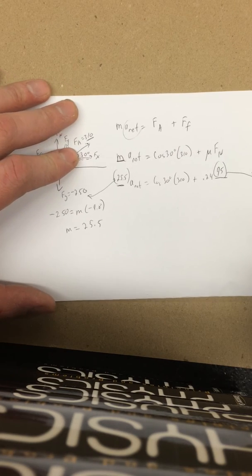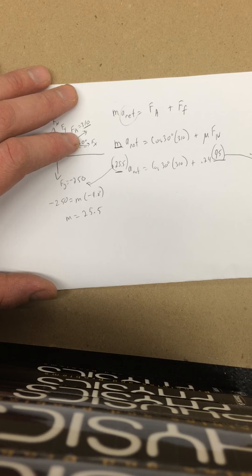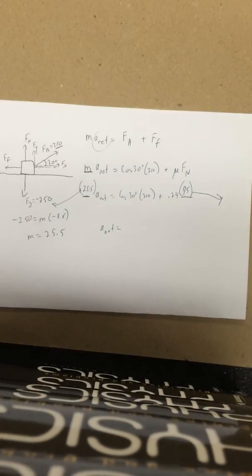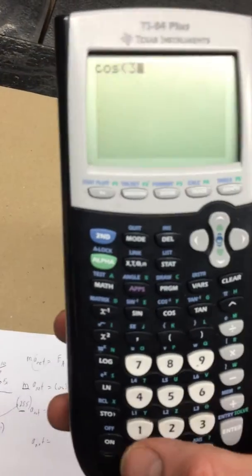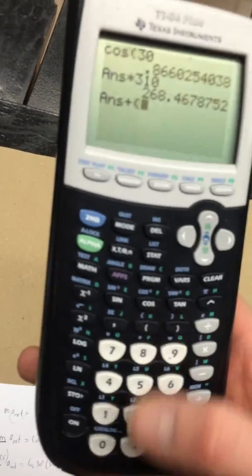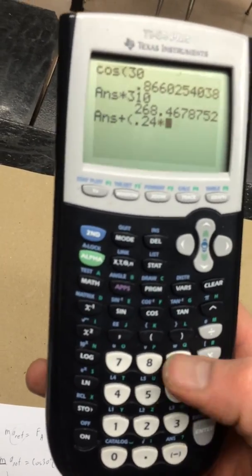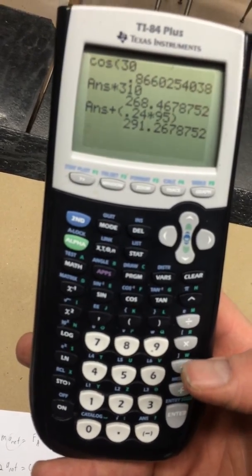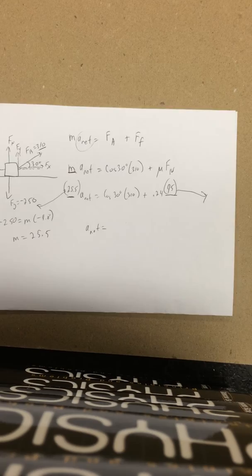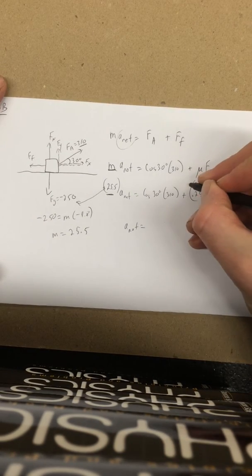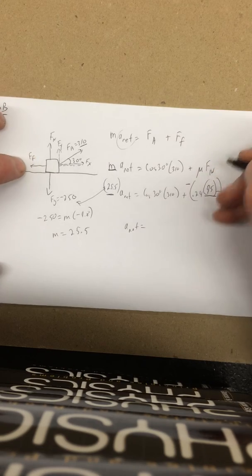Now we can figure out the rest of this problem. Let's solve for a net. I'm going to do cosine 30 times 310 plus 0.24 times 95. Oh, sorry, change that. This is going to be negative, because the force of friction is going to the left.